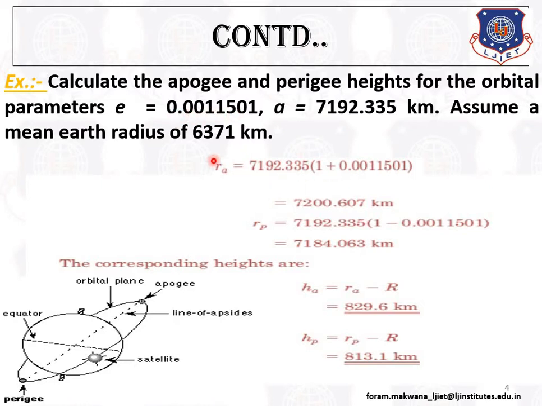So we get the value of RA as 7200.607 kilometer.